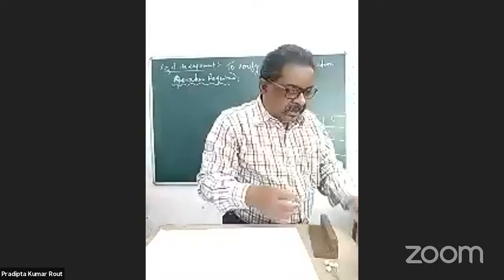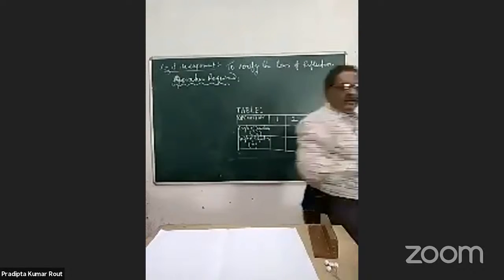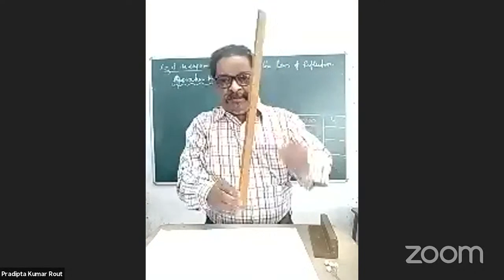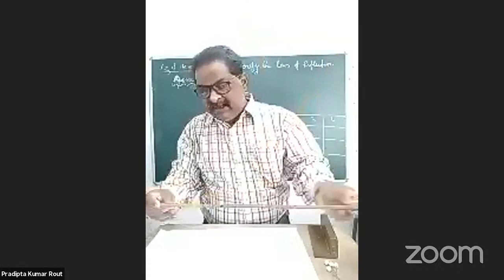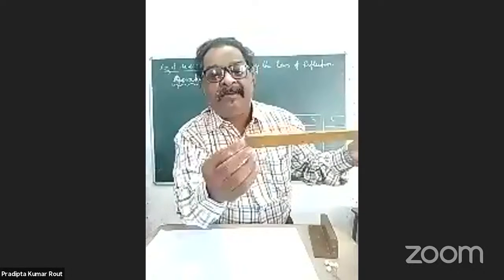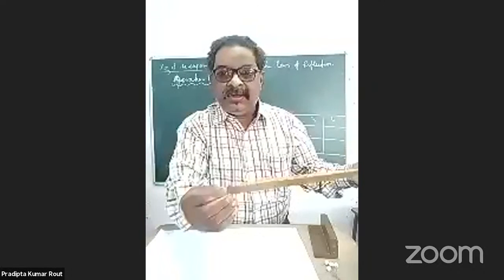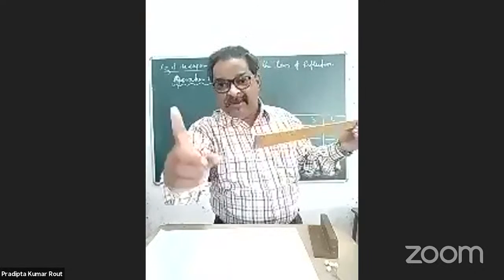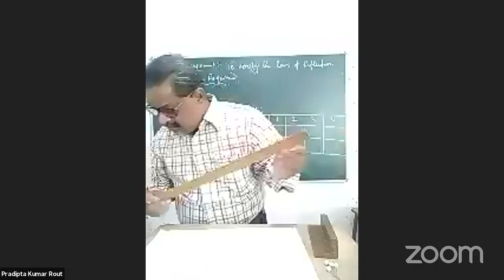Just a minute. There is a half meter rule. Here, look at this. This is half meter rule, not full meter, half meter rule. That means total length will be how much? Tell me. How many centimeter? 50 centimeter. Yes, half meter rule. Total is 100 centimeter, 1 meter rule, half meter 50 centimeter. This is needed, half meter rule.